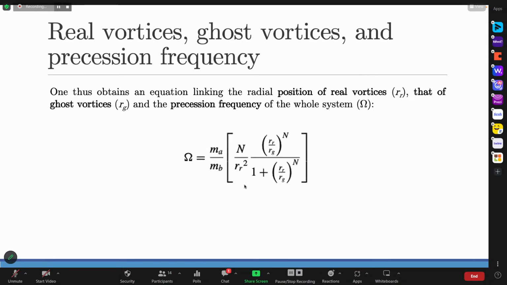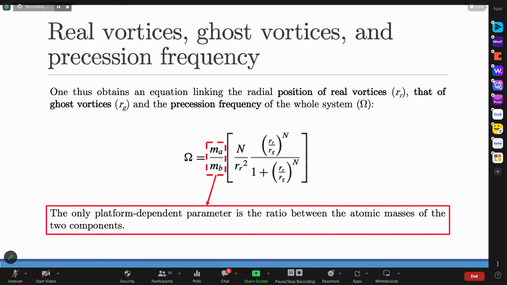We get the following equation, which links three essential quantities: the position of real vortices, RR, the position of ghost vortices, RG, and the precession frequency of the whole system, omega. And also what we discover is that the only platform-dependent parameter is the ratio between the atomic masses of the two components. So it's a quite universal equation.